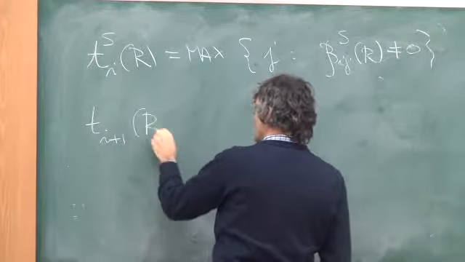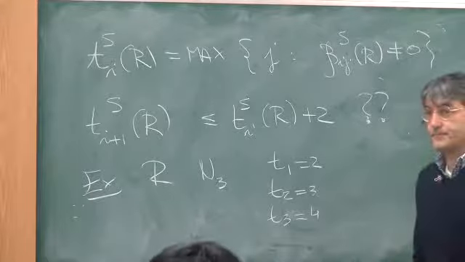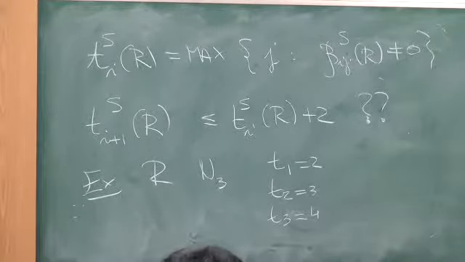Let's say an example. Suppose I have a ring which satisfies N_3. N_3 means, of course, t_1 is 2, t_2 is 3, t_3 is 4. So what can we say about t_4?